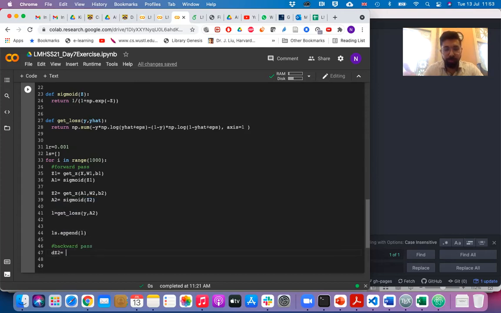You can even look it up from the slides that you have, but you have to let me write it. Exactly, this is A2 minus Y. Thank you. Based on this, what can we calculate? We can calculate dW2. What is dW2?